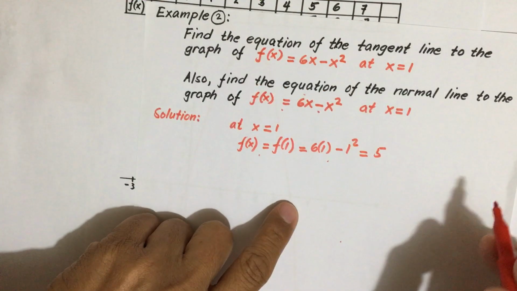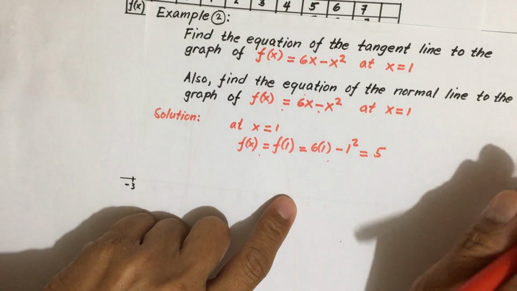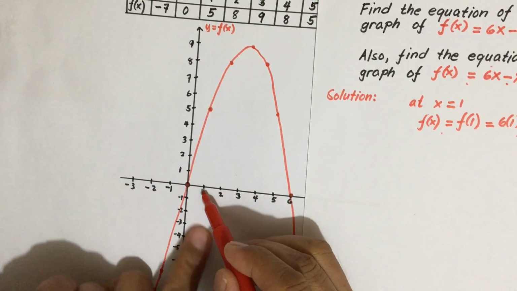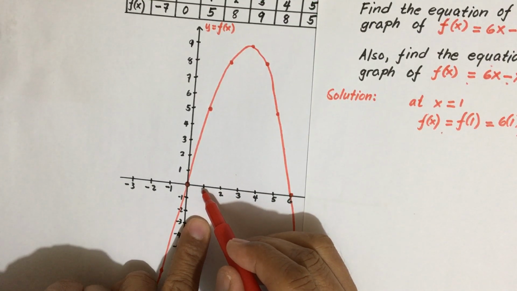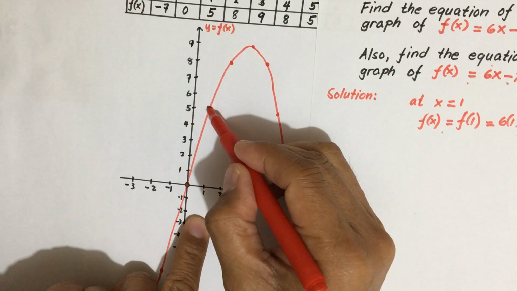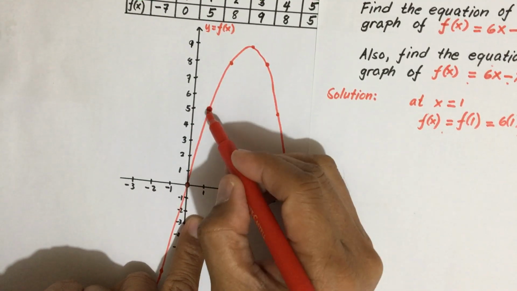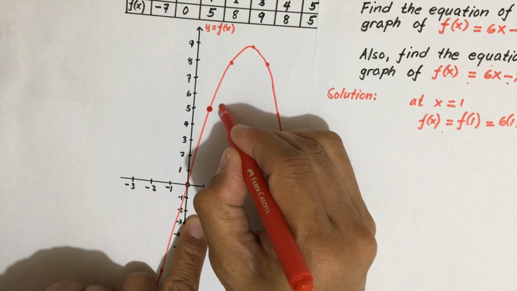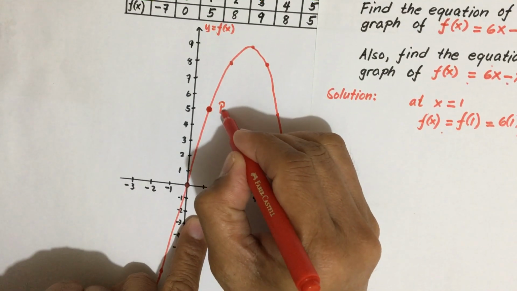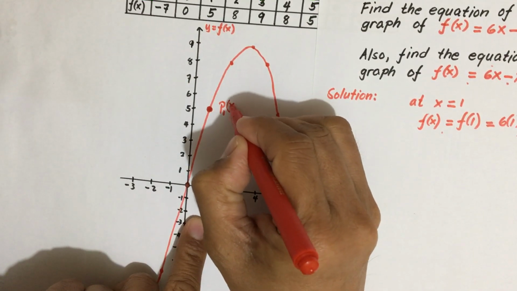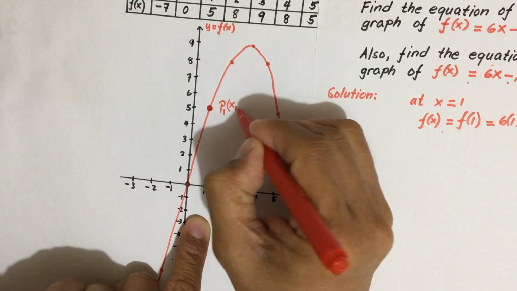So we can say that from the graph, when x equal to 1, our f of x is this one. This is the point where the line is tangent to. We can let this point be our P1, with coordinates x1, y1.